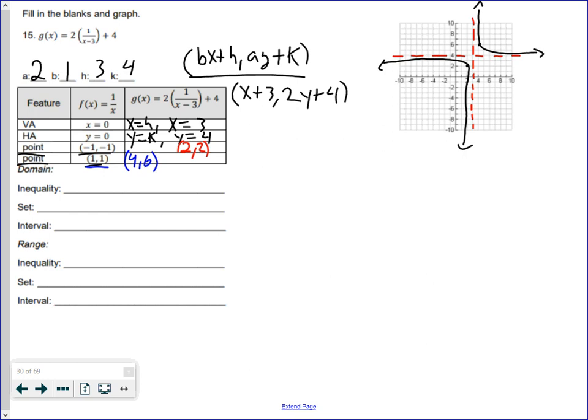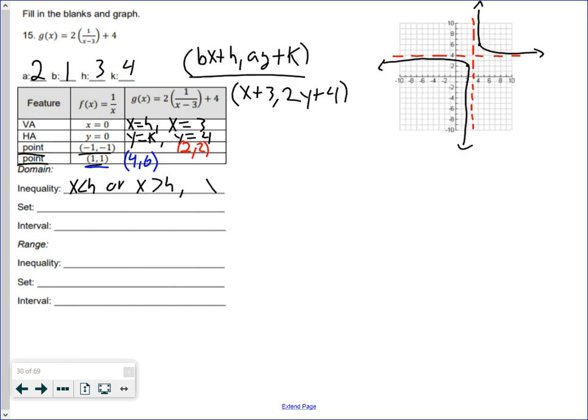So now let's figure out our domain and our range. So our domain is always going to be based around our h. So it's x is less than h, or x is greater than h.